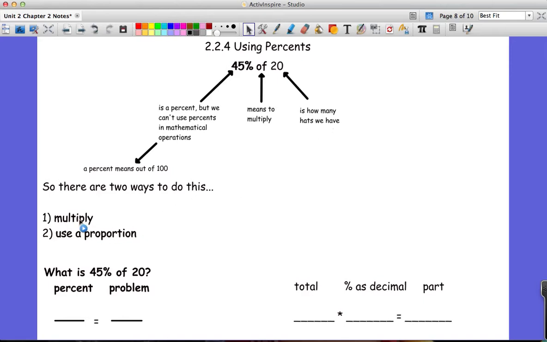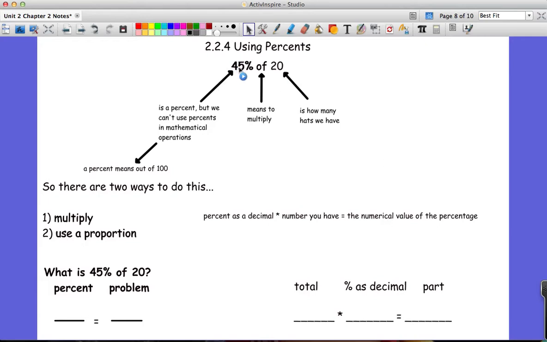So in this case, I want 45% of something, so I can make an equation, and I know that I need my percent as a decimal because I can't have it as a percent, times the number that I have, and that's going to give me the numerical value of my percentage.